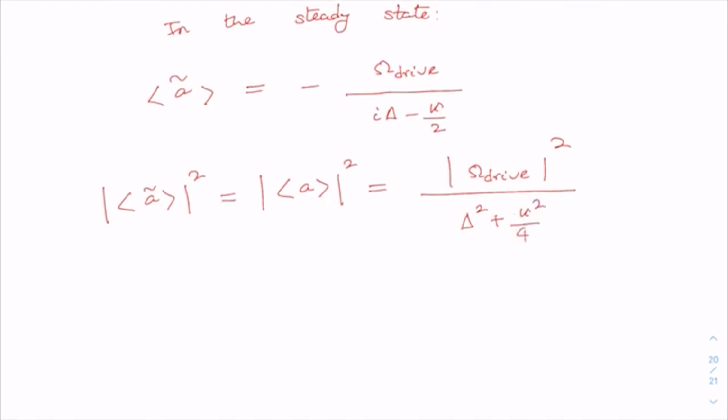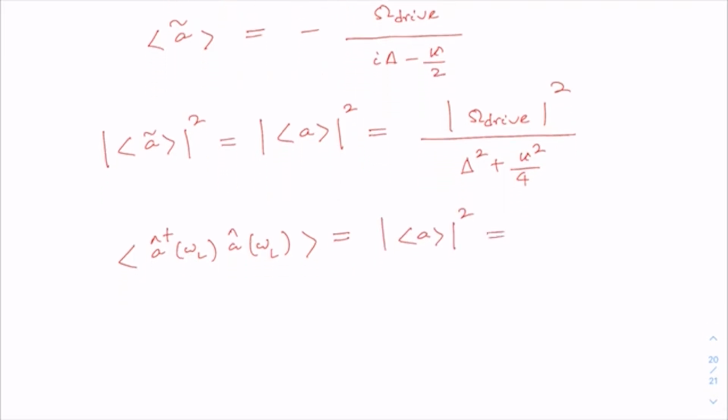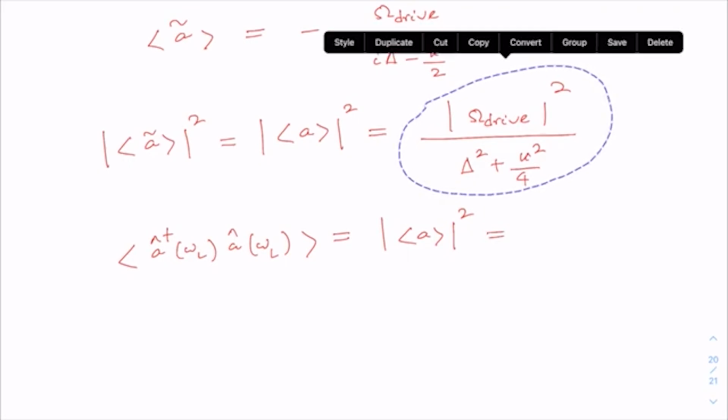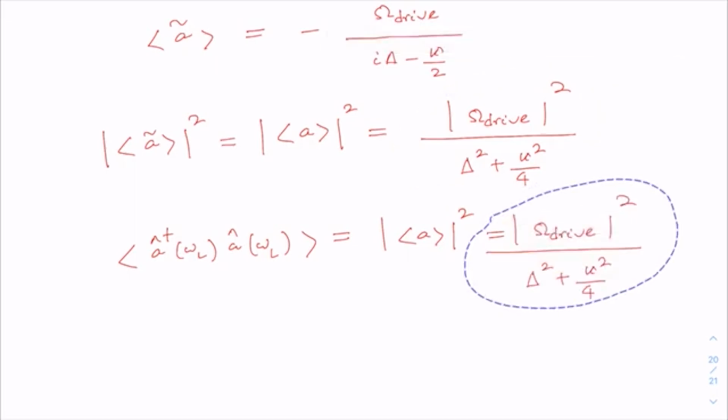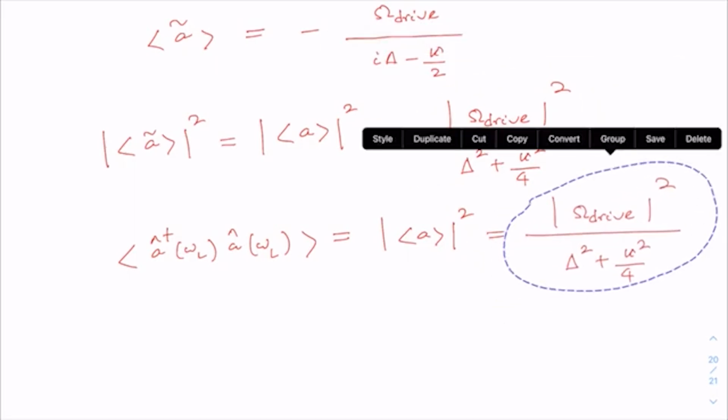So therefore what we have here is that A dagger of omega L, A of omega L is equal to the average of this quantity. So this is what I have.